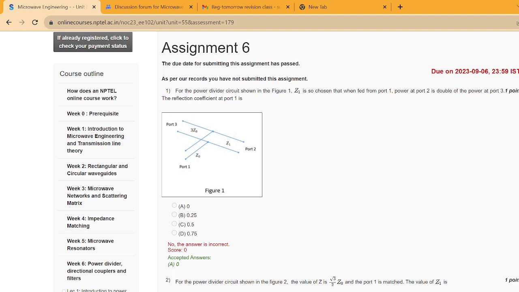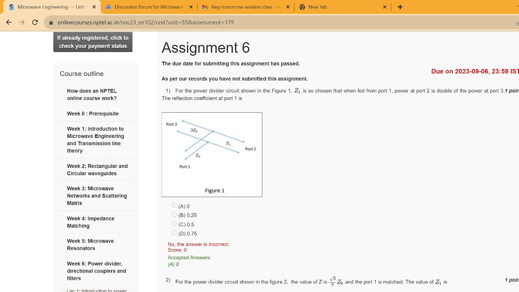How do we evaluate 3Z0 parallel with 3Z0 by 2? It's like R1 R2 by R1 plus R2. While simplifying, you will get 3Z0 into 3Z0 by 2 divided by 9Z0 by 2.